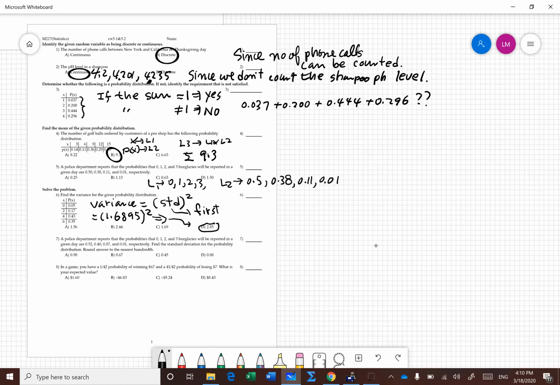Number 7. Police department reports, find the standard deviation of that. Again, in L1 you put 0, 1, 2, 3. In L2, you put the probabilities 0.52, 0.4, 0.07, 0.01. Let's try that.